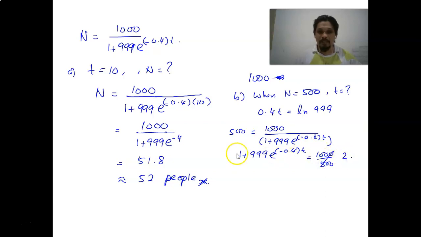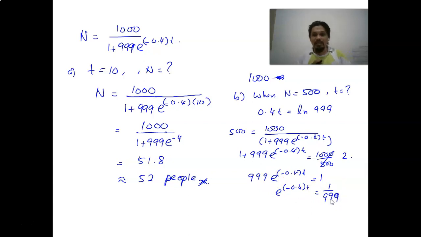Okay, then 1 brought up here becomes negative 1. So 999 e^(-0.4t) equals 2 minus 1 equals 1. Then e^(-0.4t) equals 1 divided by 999.